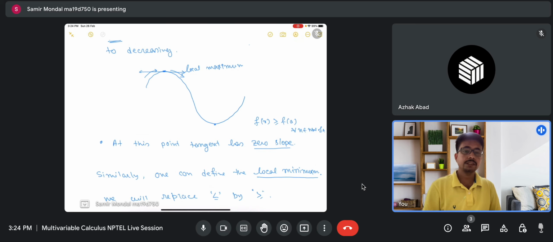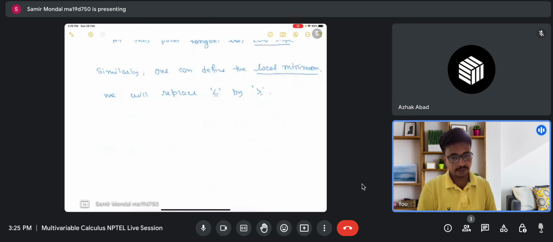Another thing we can observe here: from that side your function is decreasing and from this side your function is increasing. So graphically we can observe that the graph has a local minima.